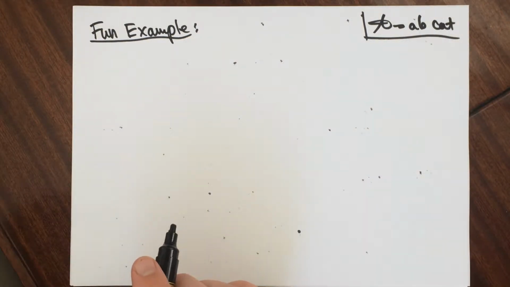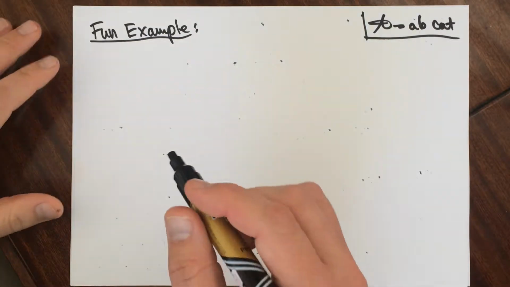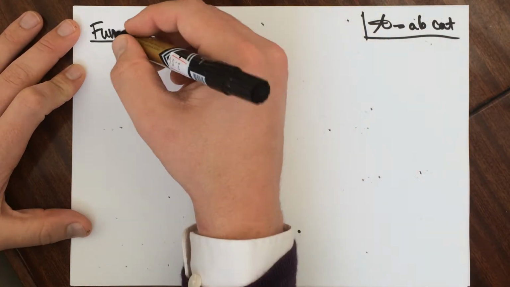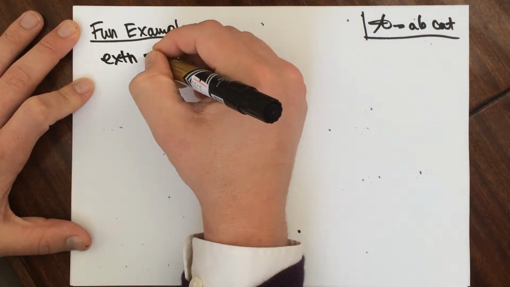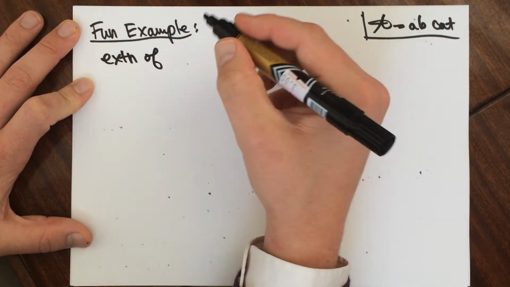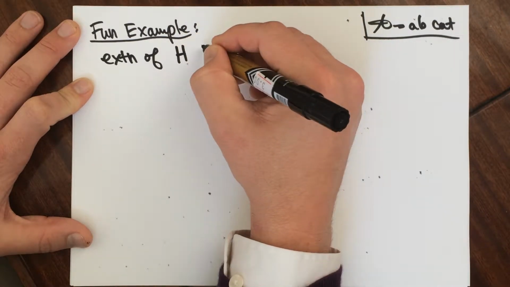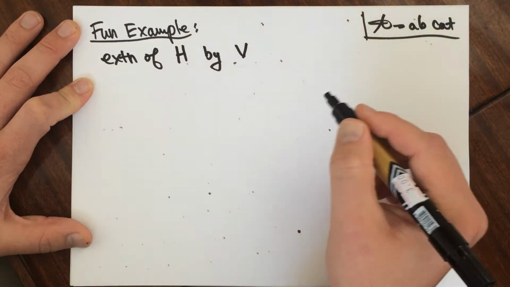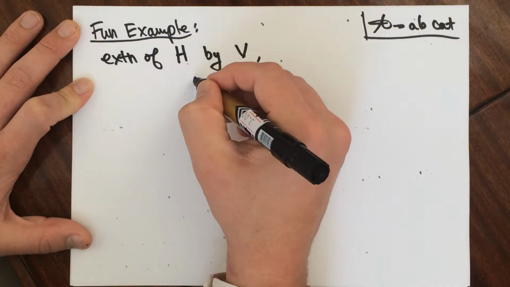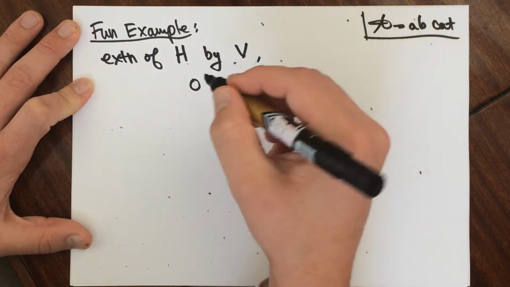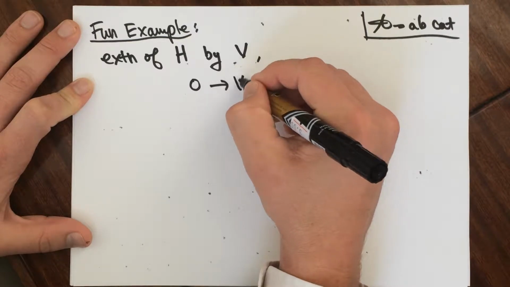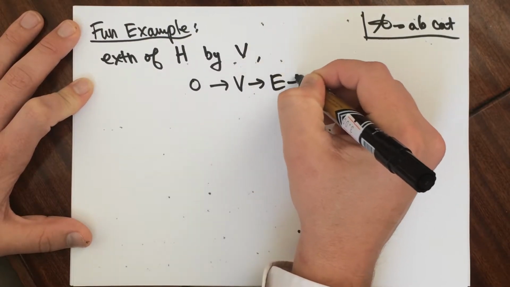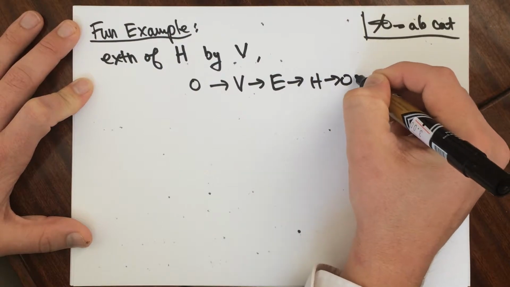All right, so let's take an extension. Let's recall that we have extensions. So an extension of, let's say, an object H in our category by another object V. This thing is an exact sequence, so we have V, and then we have E, H, 0, and then it goes on.